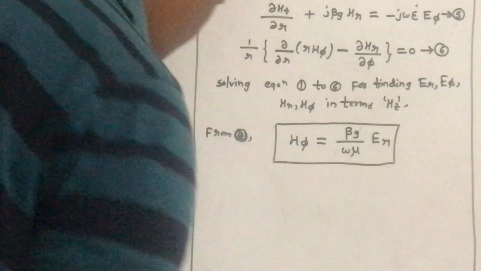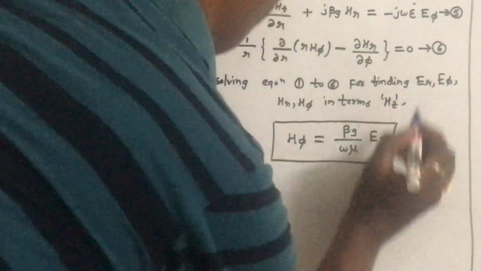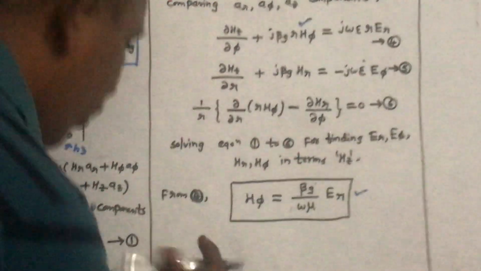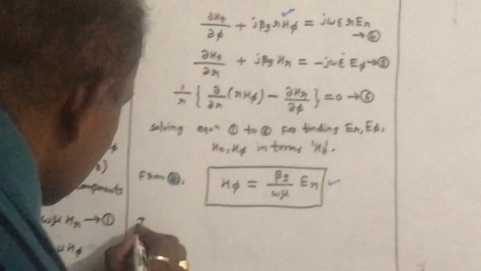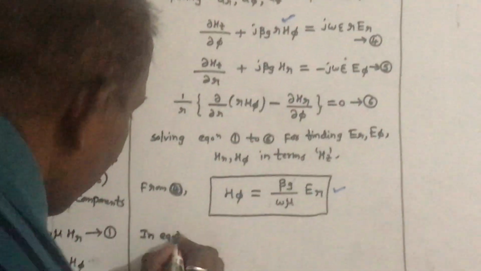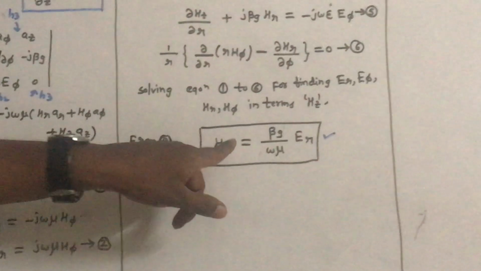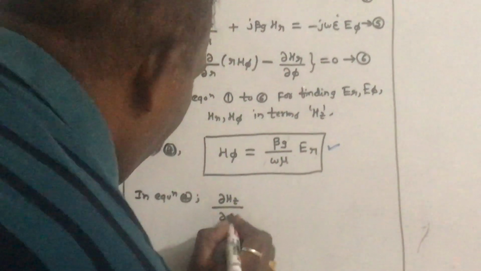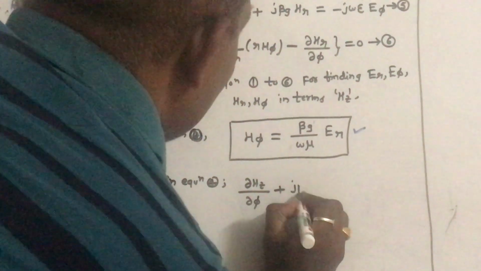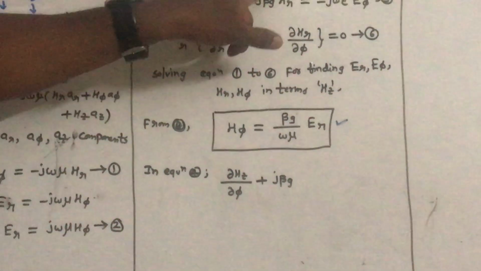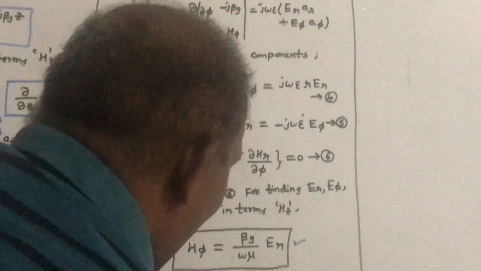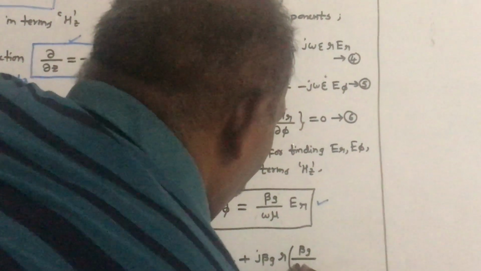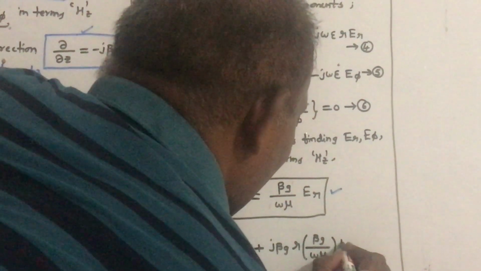Substitute this value of H phi in equation 4. So, substituting in equation 4, this is written as dou Hz by dou phi plus j beta suffix G into R into H phi, that is beta G by omega mu into ER.